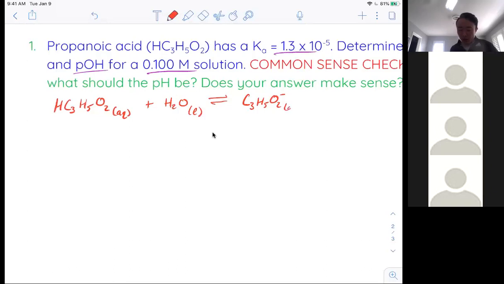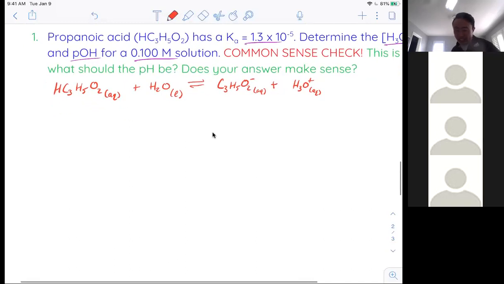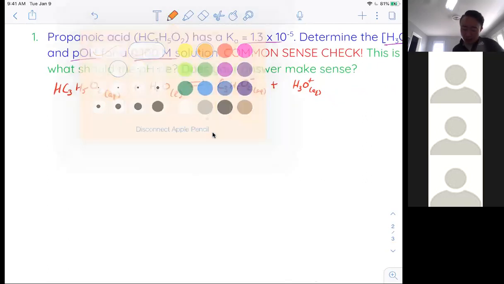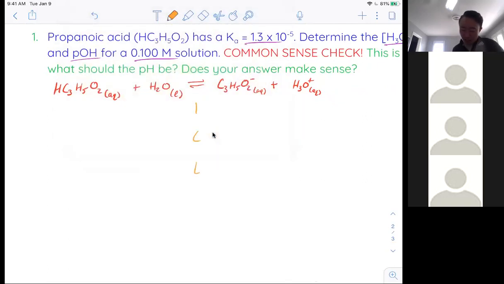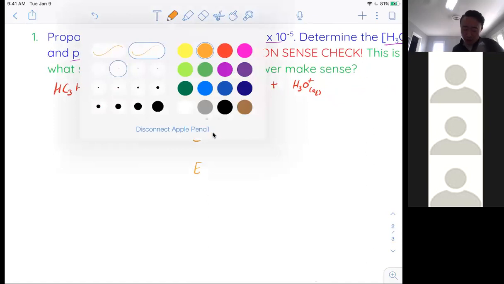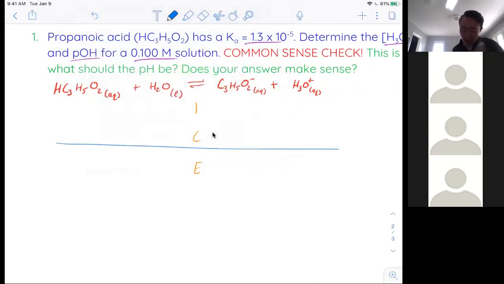So if we lose a plus charge, it's going to be a negative charge afterwards. Plus H3O plus aqueous. Let's make an ice table for this once we have that reaction down. So I'll do ICE. Everything's in a 1-to-1 ratio, which makes our life super nice.